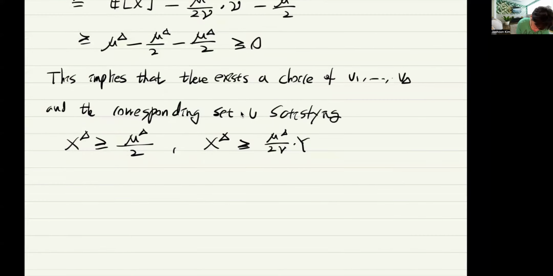So in other words, you can write it as y is smaller than 2 times mu times x to the delta divided by mu to the delta.